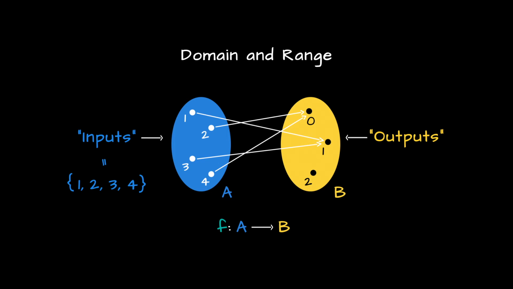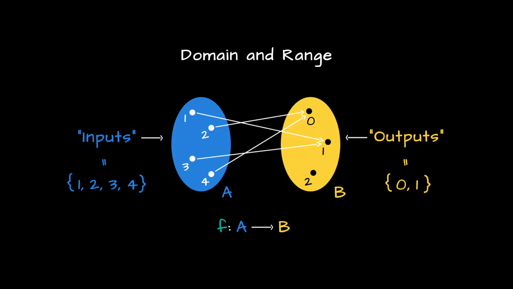In any case, if we ask the question, what are the possible inputs of the function f, then we would have to say that the set of all possible inputs consists of the numbers 1, 2, 3, and 4, right? Those are the possible numbers that you can feed into the function, given our diagram.